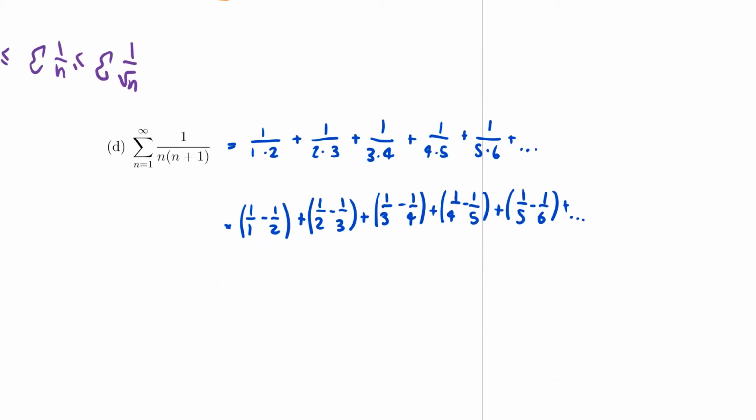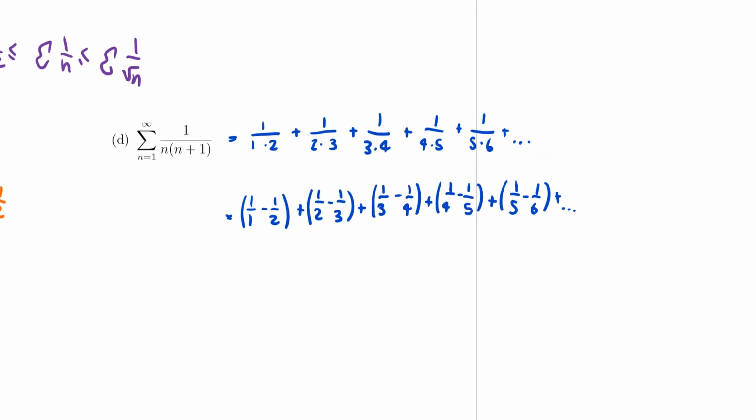And generally, if I have 1 over n times n plus 1, this is actually going to equal 1 over n minus 1 over n plus 1. And this is because if we compute the right-hand side, if I subtract these two terms, my denominator is going to be n times n plus 1.